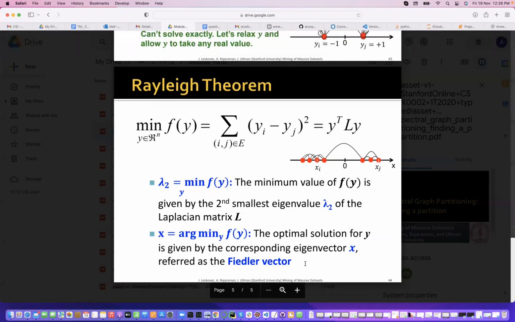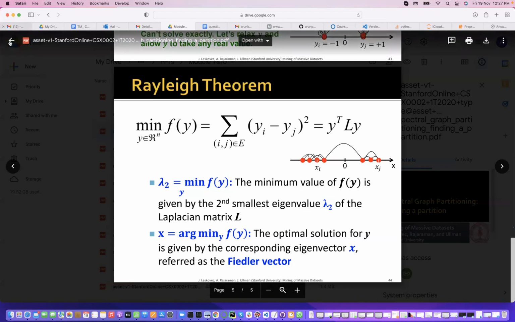When you are solving Ax equal to lambda x, you need to get lambda, and then decide which x is optimal. You get that lambda 2 from the previous equation. The vector corresponding to the eigenvalue lambda 2 is the optimal solution for y, because Ax equal to lambda x in the beginning we wrote. This is Rayleigh's theorem.